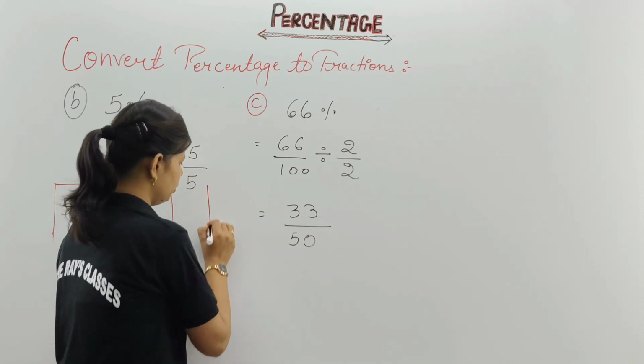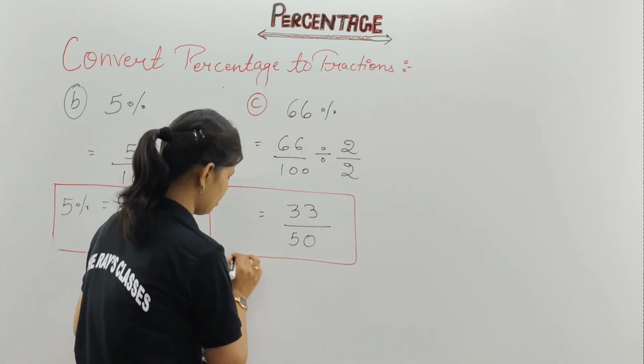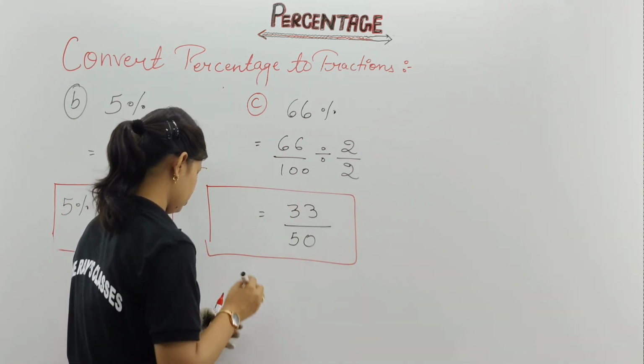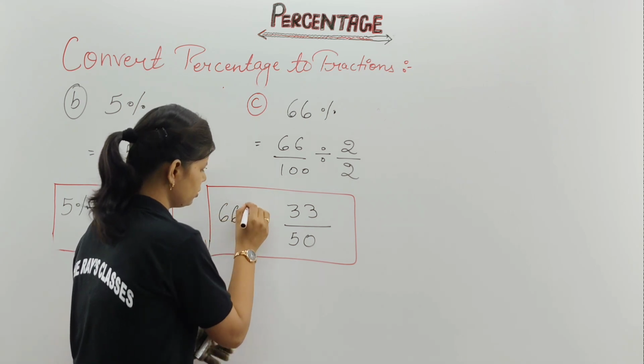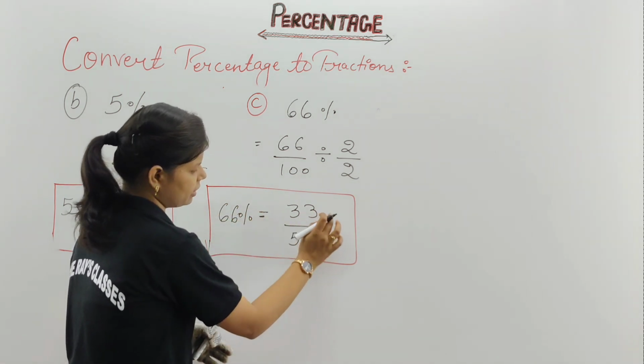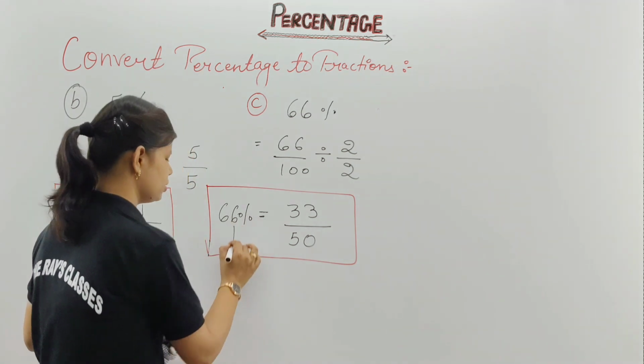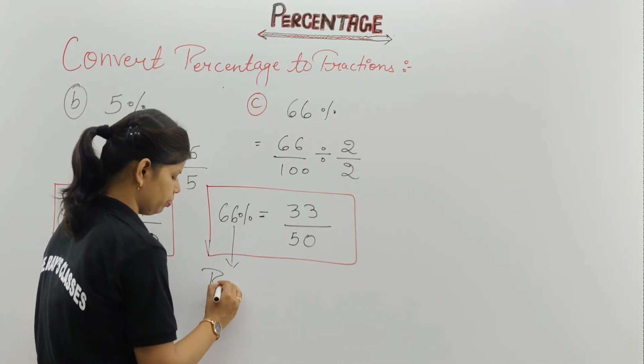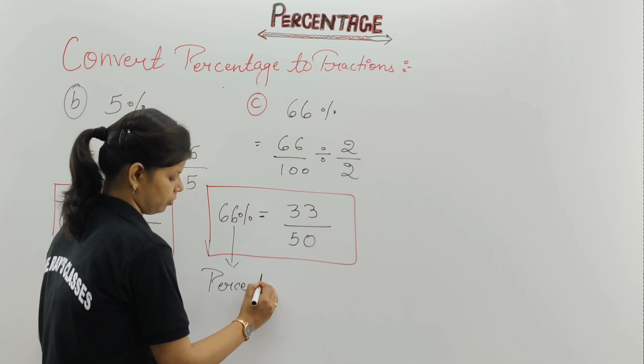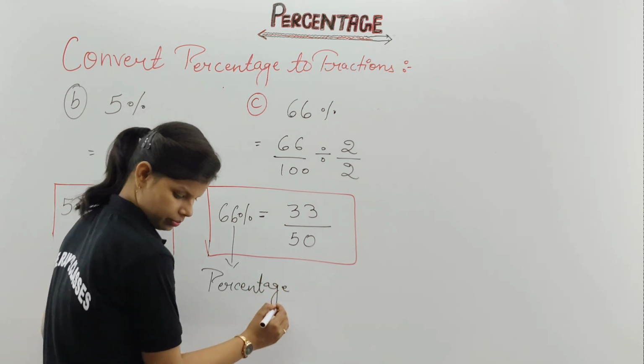You can write here, this 66% can be written as 33 upon 50, in fraction form. Now this is your percentage. Clear?